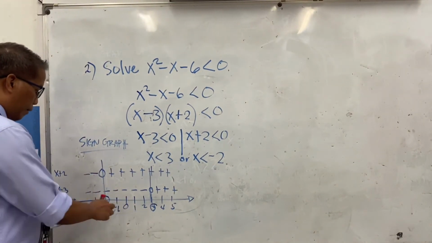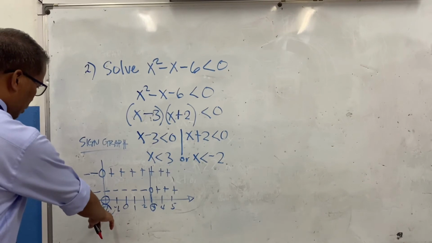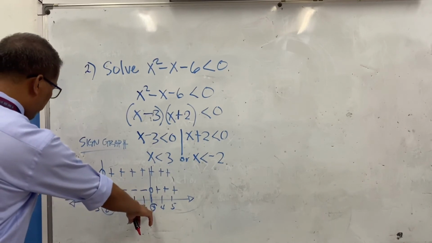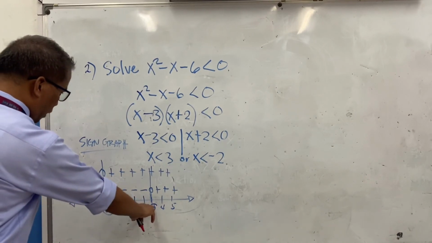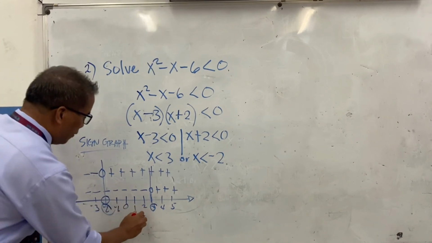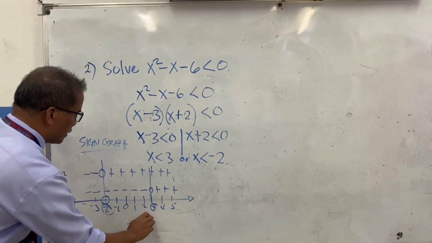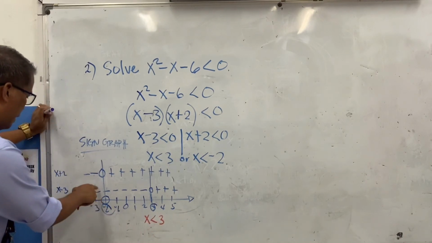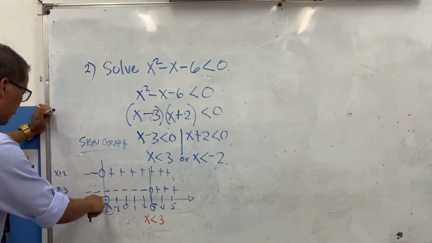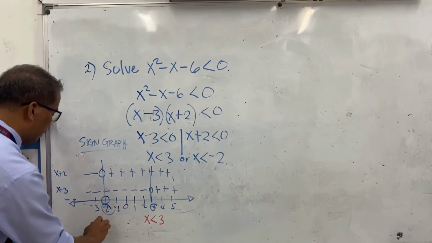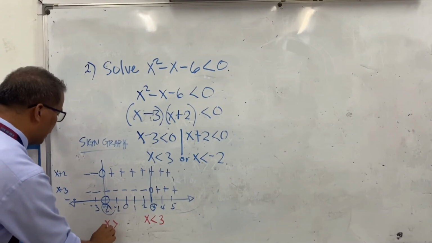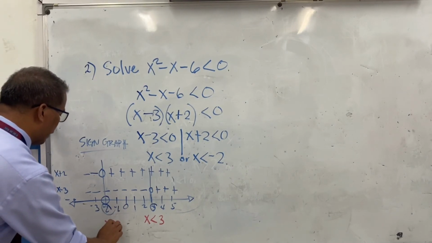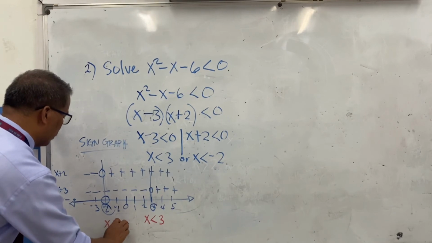Alright? So the positive and negative is here. So if we use x minus 3, it will become now x is less than positive 3. Then using x plus 2 here, we have x is greater than negative 2.